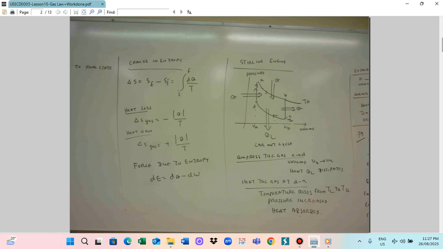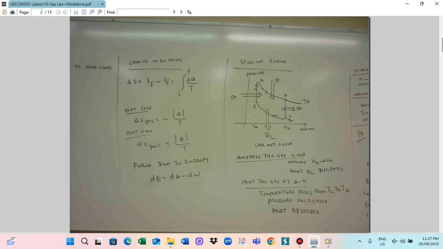In the meantime, we can also apply a force. When the internal heat is changing, it can also produce work and force. If we apply any force on the gas, its internal energy will also change. So the force due to entropy can be calculated.